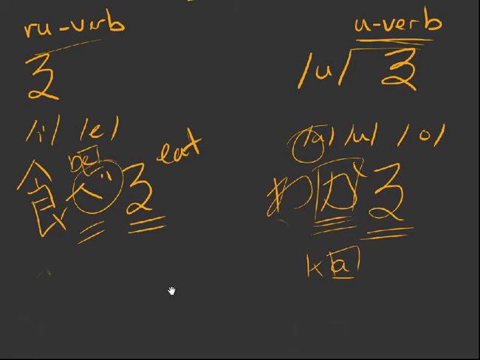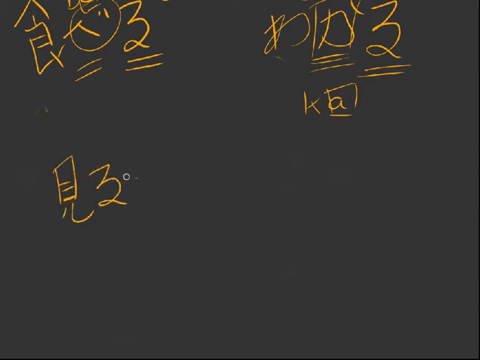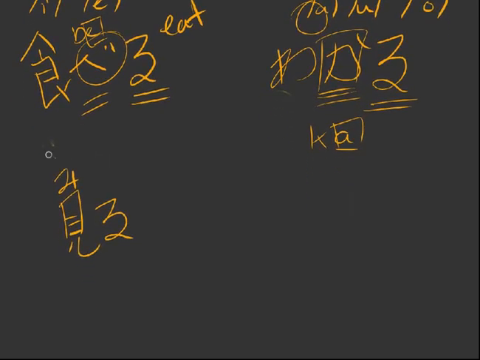Okay, let's look at a few other examples. Okay, this is miru. This ends with an i, this mi, the vowel sound, so that makes it a ru verb.